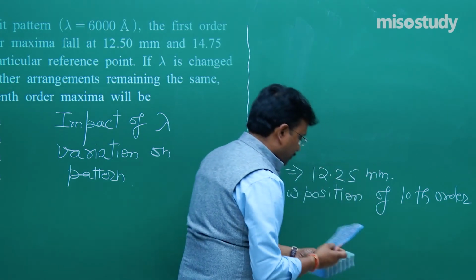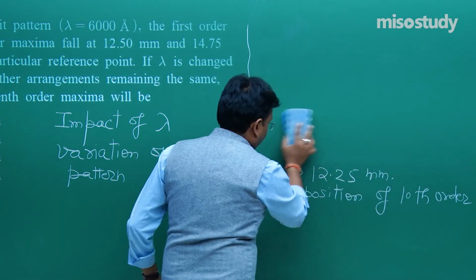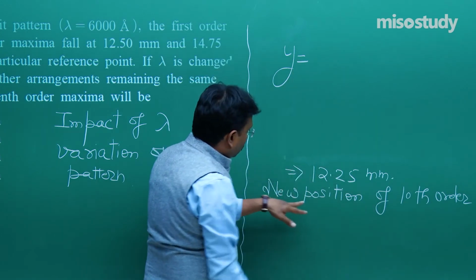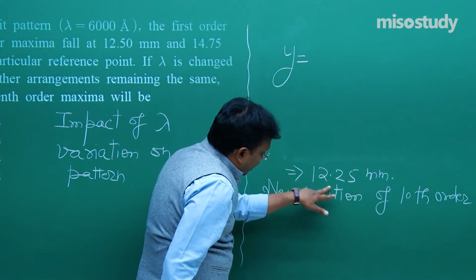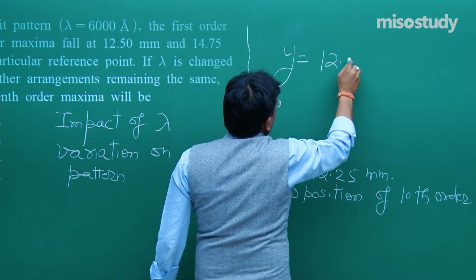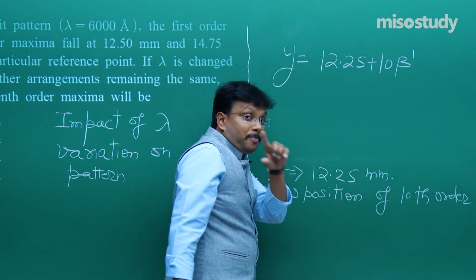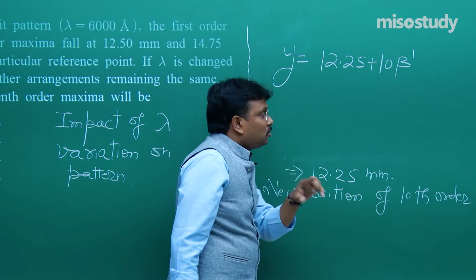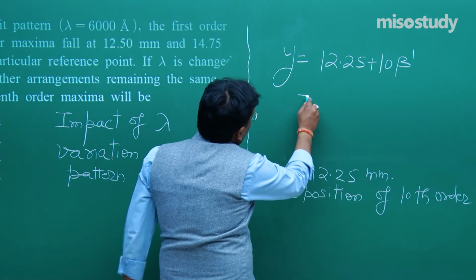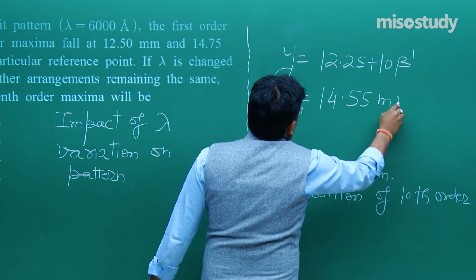New position of 10th order is y equal to this value, 12.25 plus 10 beta prime. And what is the value of beta prime we calculated? That was 0.23. Ultimately, when you multiply it and add it, you will get 14.55 mm.